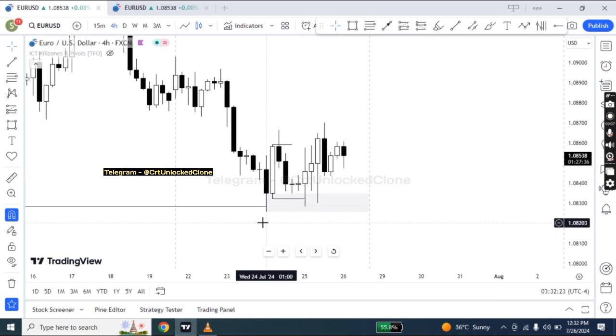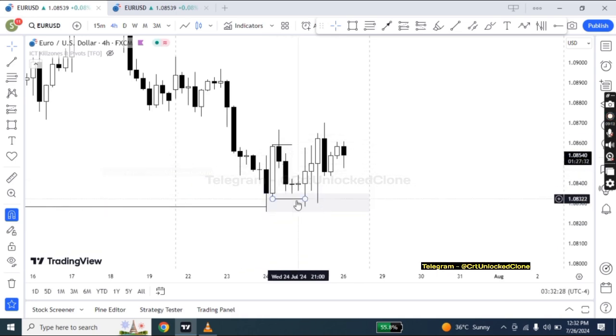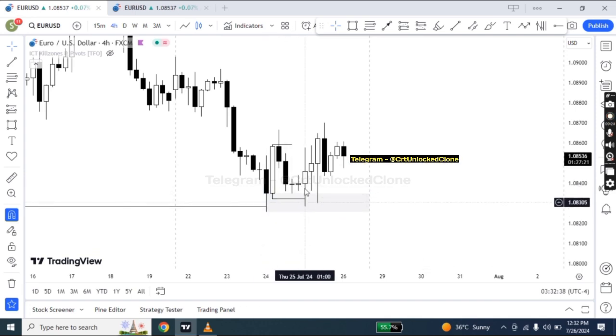So when I saw that price formed this CRT and reacted to it, I knew that based on the fractals of CRT, our drawn liquidity is first of all this CRT low, and this CRT low also aligns with this rejection block. So when price takes out this CRT, we can have a potential reaction from here towards the upside, and that's what I expected on the first half of Thursday based on what I saw.